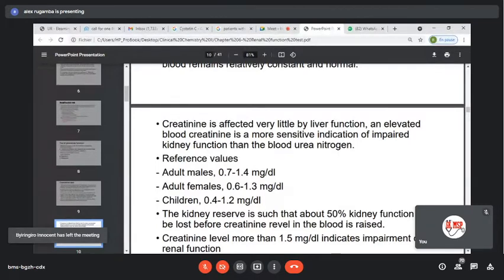So the reference value of this, I told you, depends on the individual. For example, for males it is 0.7 to 1.4 milligram per deciliter, for females it is 0.6 to 1.3 milligram per deciliter, and for children it is 0.4 to 1.2.